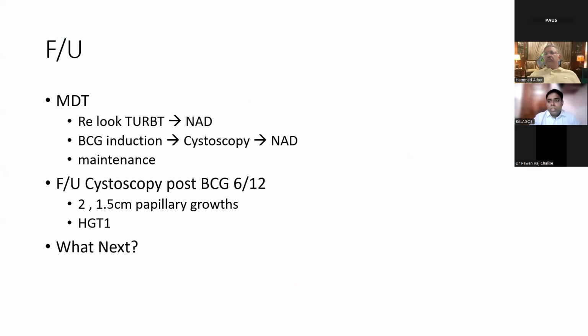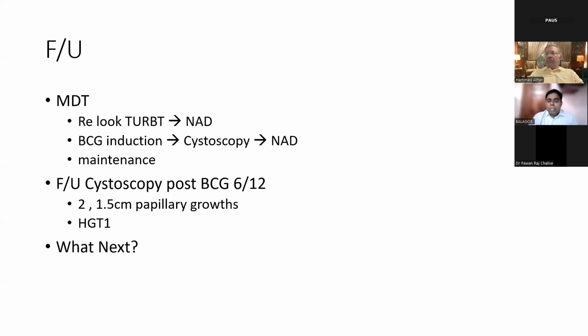It was discussed at the MDT, and the MDT said to do a relook TURBT. At relook TUR, scar tissue was excised and there was no residual tumor. So BCG induction started, and surveillance cystoscopy was done at the end of 3 months. It was normal. Then the maintenance 3 doses started.